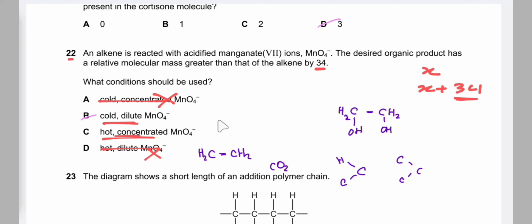And among these options, let's suppose we consider the alkene as ethene. If ethene reacts with cold dilute acidified KMnO4, then the double bond breaks and an OH group is attached to both the carbons. So this product is formed, and if we compare the product with the alkene, this is the alkene and this is the product.